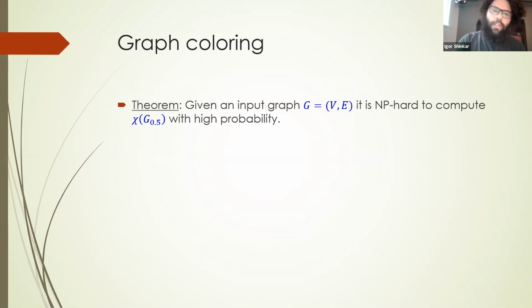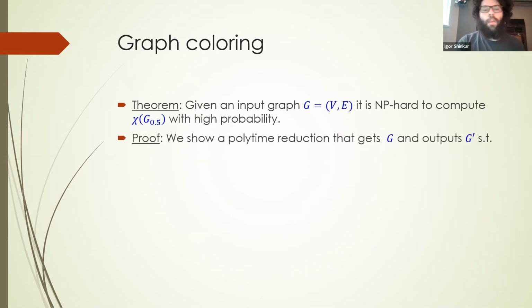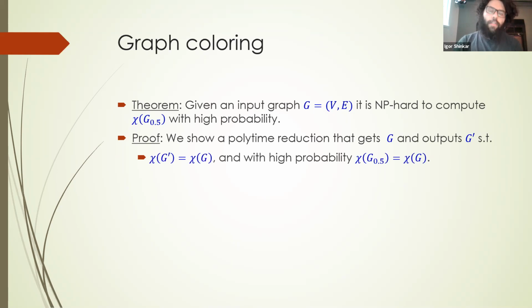So what are we really doing? Okay, so that's the theorem. If we could compute the chromatic number of a random subgraph, we could compute it also on the original graph. To prove NP-hardness, we show a reduction. Given a graph G, we compute a graph G prime that has 2 properties. First of all, the chromatic number of G and G prime is the same.